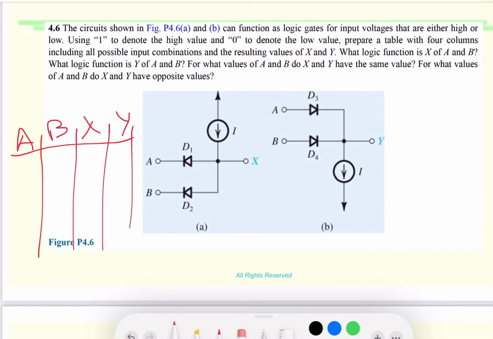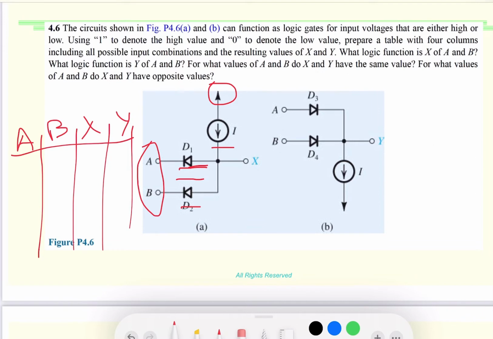We have to see that in this circuit there is a power supply and we are getting some current. If these two are at low voltage, or if either one is low voltage, both diodes will be forward biased, so the current will flow this way.